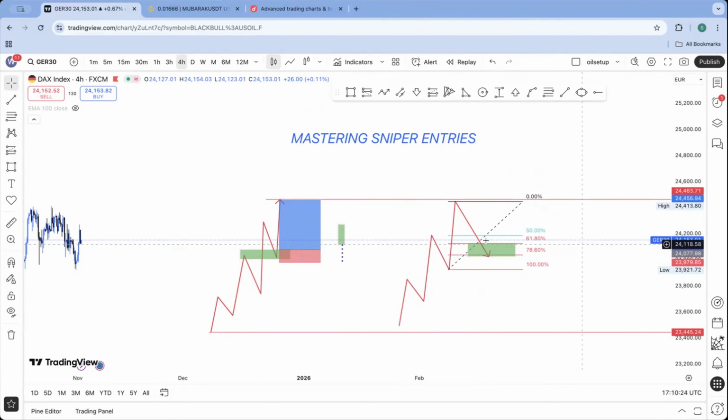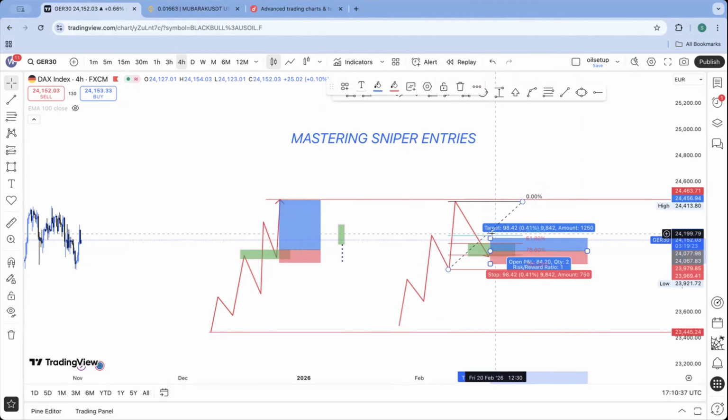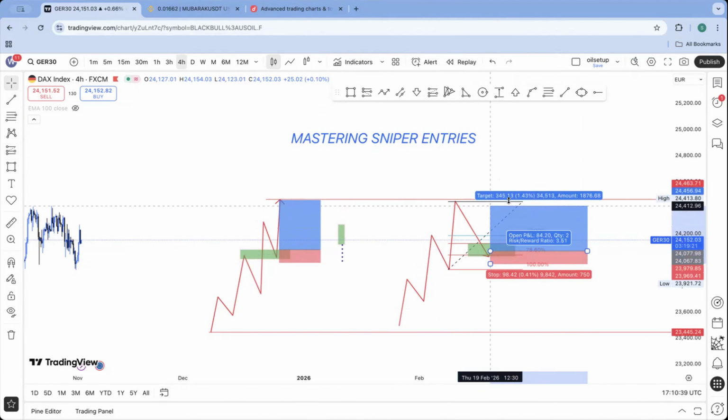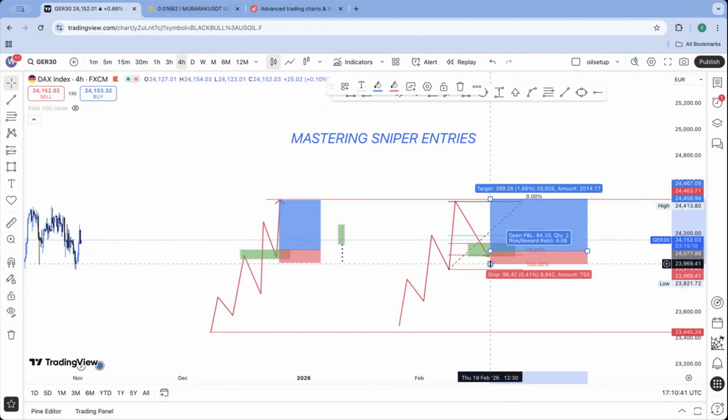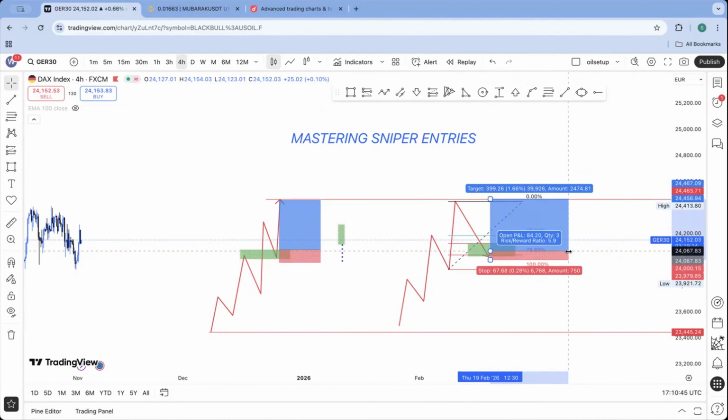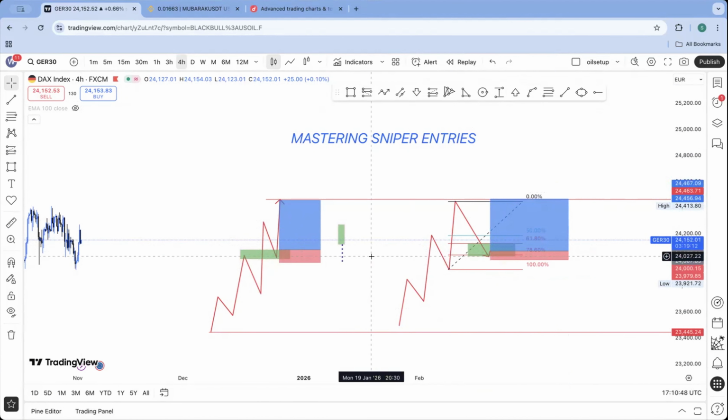So when price comes to your POI, you don't just jump in. You wait for confirmation, and then you target the next high. So something like this. Then target this high, move your SL below the range after your confirmation, and then you target your high.